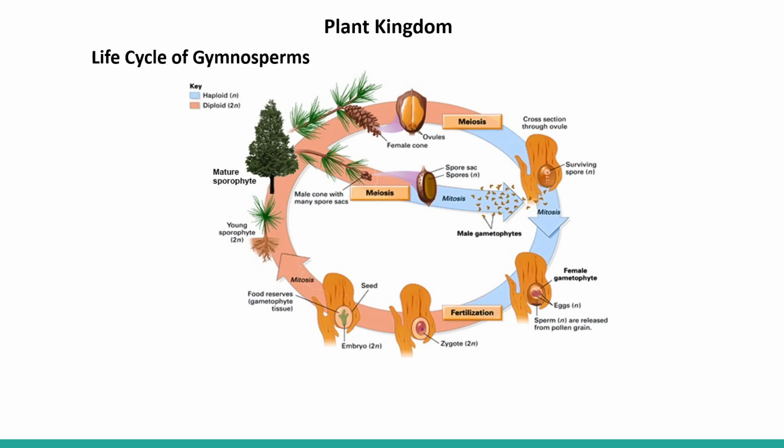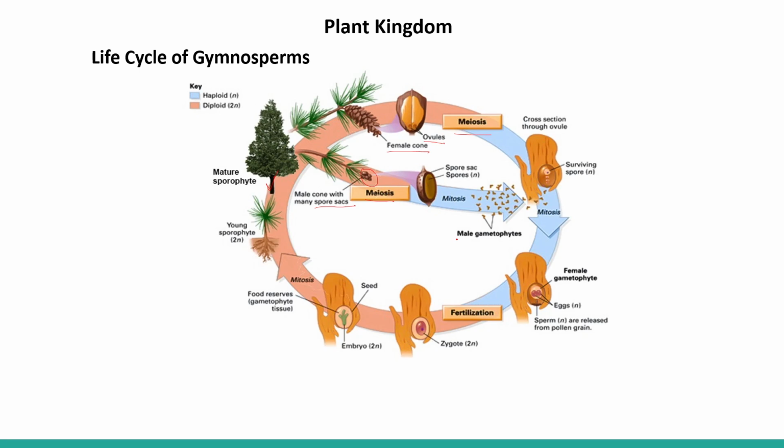So this is the life cycle of gymnosperm. We can see this plant as a mature sporophyte. This is a Pinus tree showing over here. It has a female cone and this is the male cone. The male cone has male spore sacs, and the female cone has ovules. In these, meiosis division occurs.